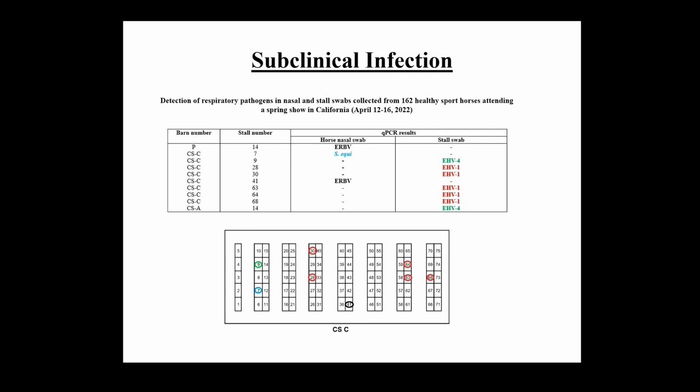The way I look at it is the nasal swab and the detection of pathogen in the nasal swab gives you a real-time assessment for the shedding of any pathogen for that horse on that day, at that time. You don't know what happened a day before. You don't know what's going to happen 24 hours after you collected the swab.